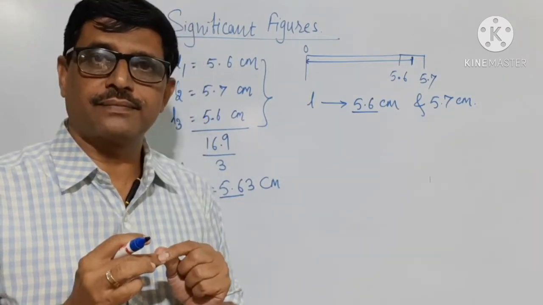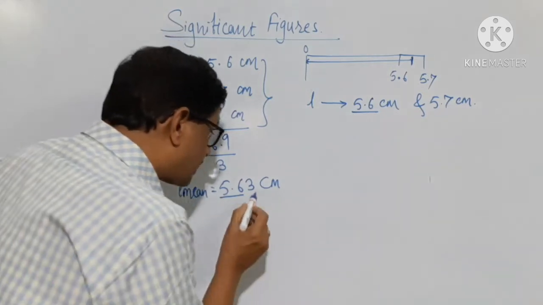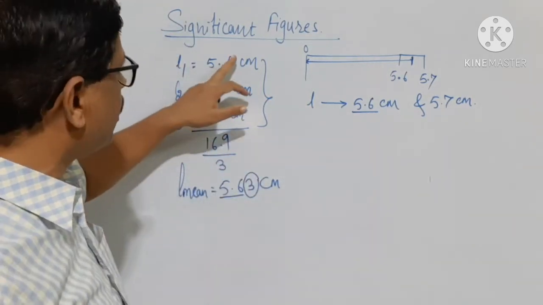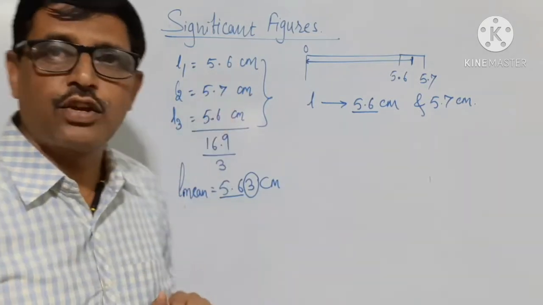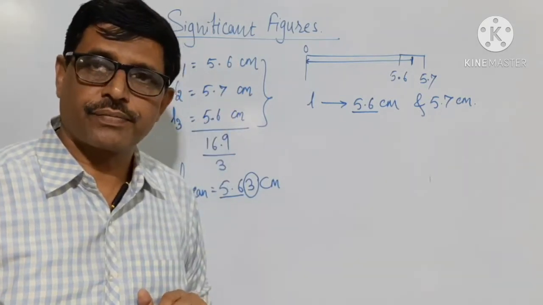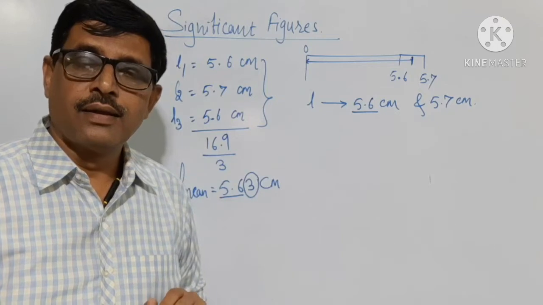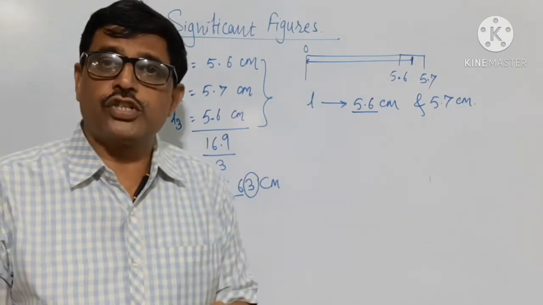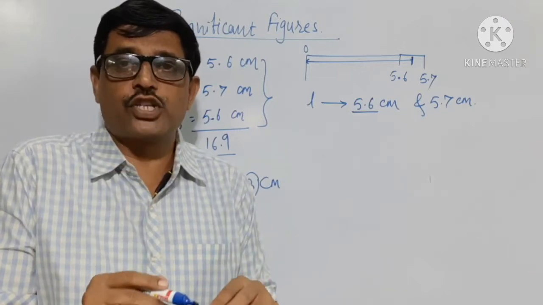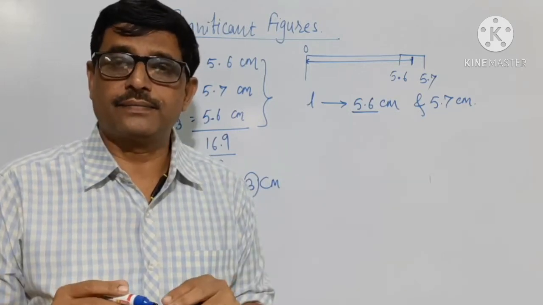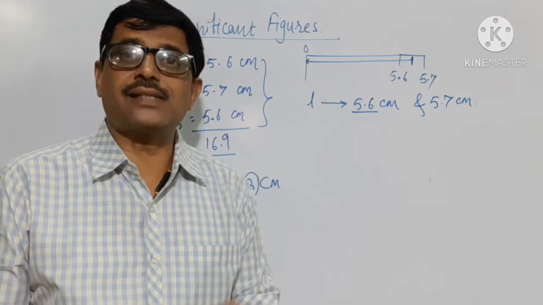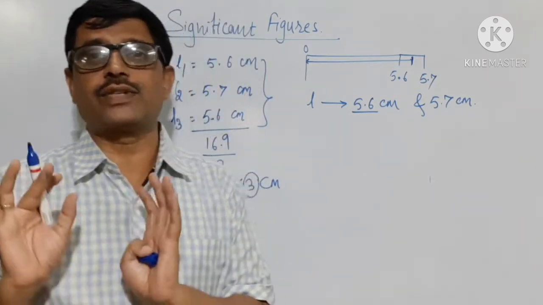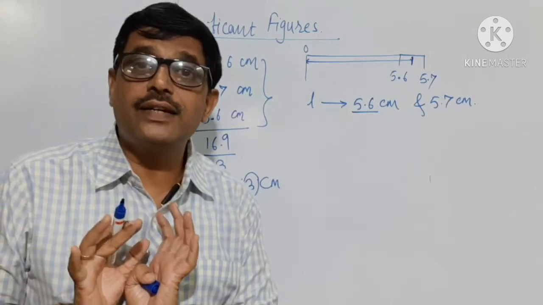And we are not certain about the next digit because we are not getting it from all three observations. Therefore, any observation that you take in a measurement has some certain digits and the last one is the uncertain digit.